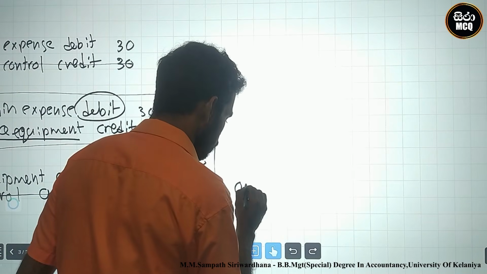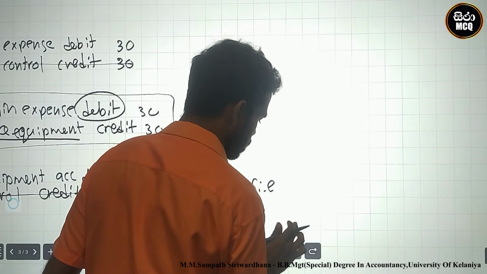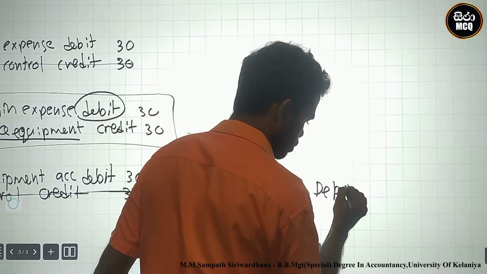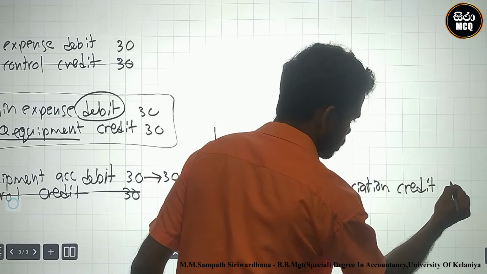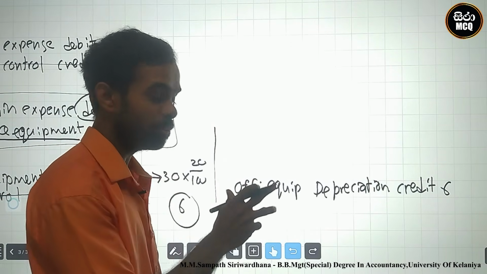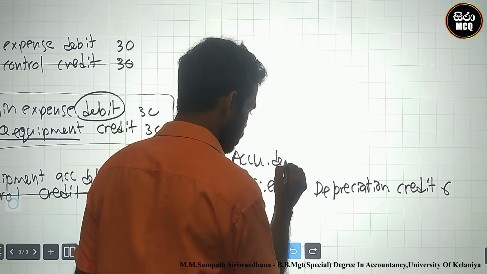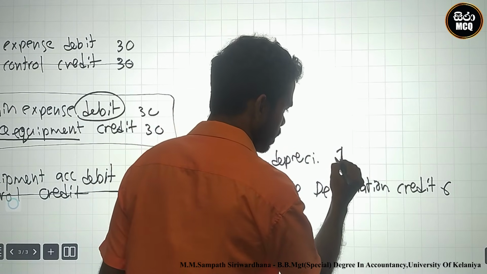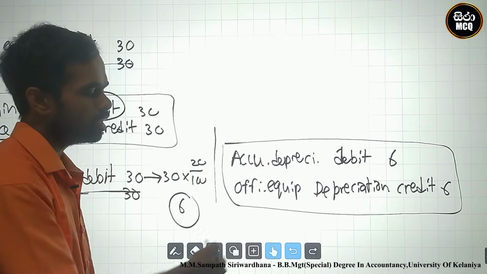Therefore, I credit depreciation expense 6. Depreciation is normally debit, no, we credit it to reverse. Debit accumulated depreciation 6. This is another correction.